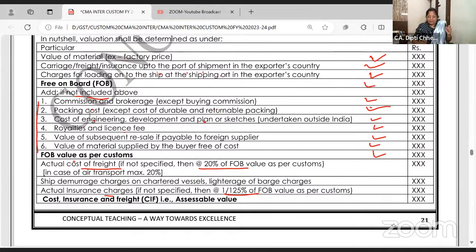One more thing you have to add is ship demurrage charges on chartered vessel, lighterage or barge charges. See, all these charges, if they are incurred at the export port, you have to take. But in the India warehouse, if the goods are kept for an overdue period and you have to pay demurrage charges to clear the goods to your factory, that will not be added in the customs duty.